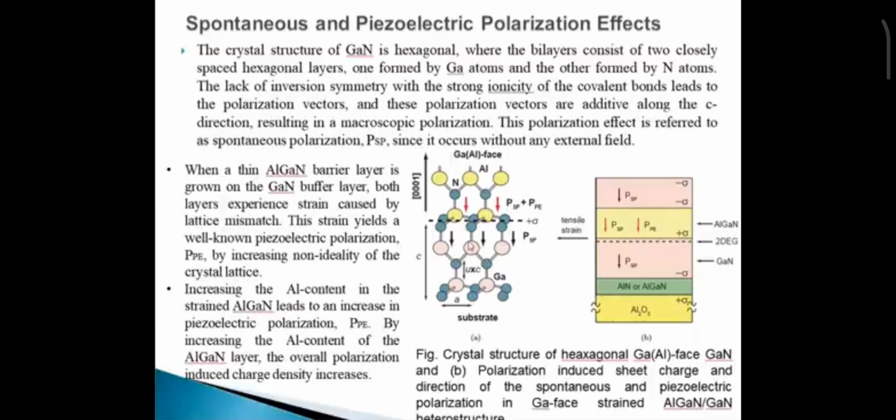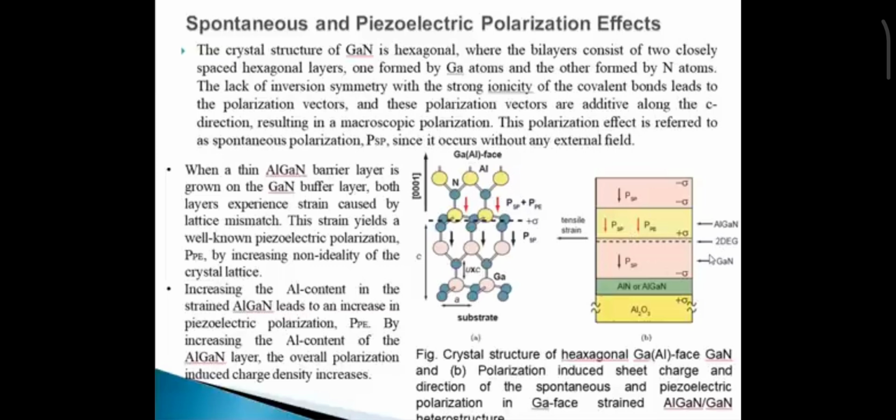This is the crystal structure of gallium nitride or aluminum nitride. The second one is the polarization induced sheet charge and the direction of the spontaneous and piezoelectric polarization in the gallium face strained aluminum gallium nitride heterostructure.